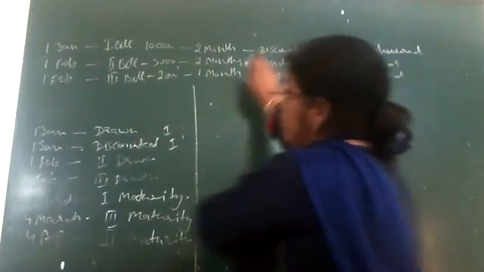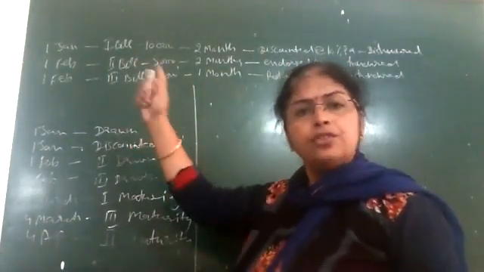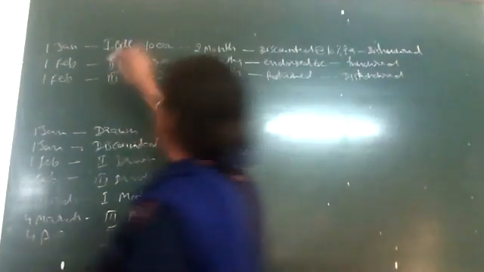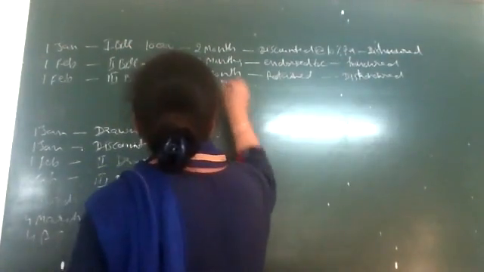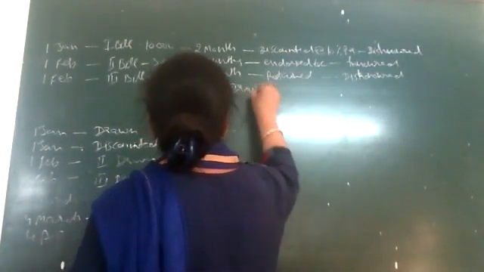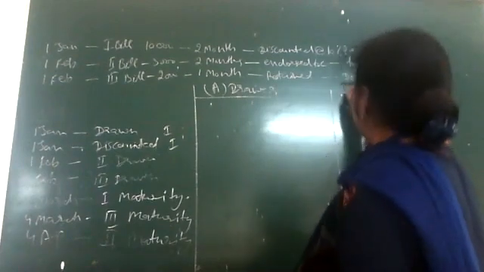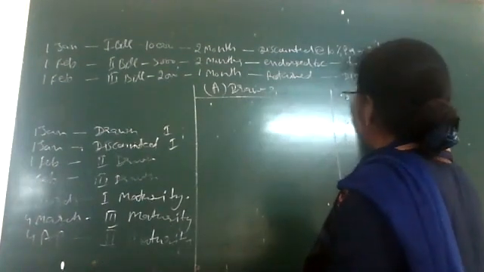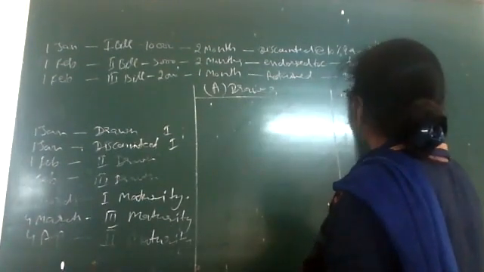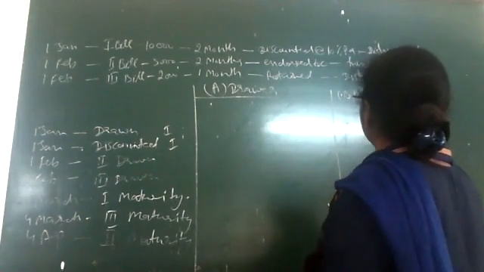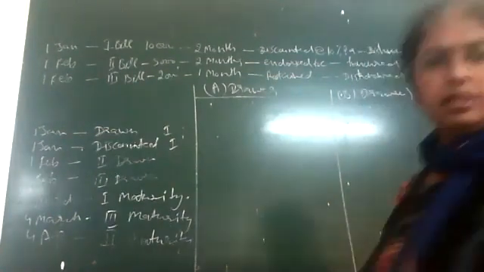Here A draws a bill on B. A is the first party, the drawer, and B is the drawee.